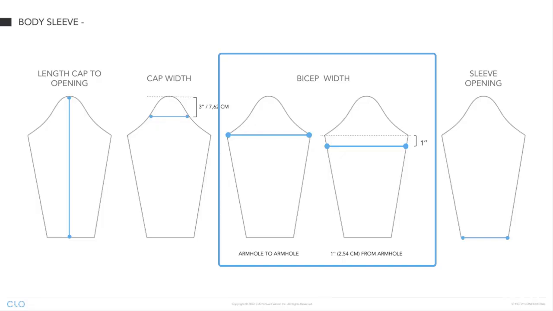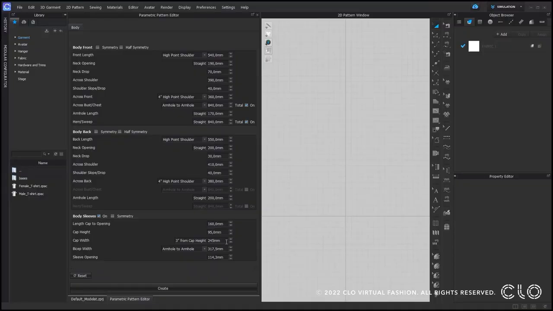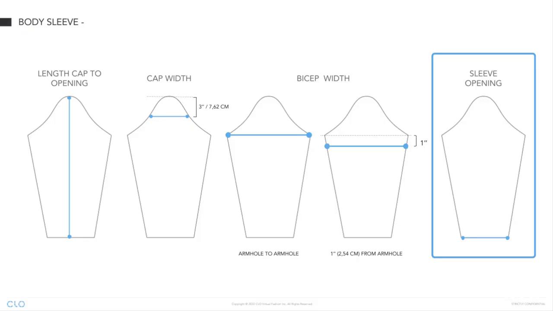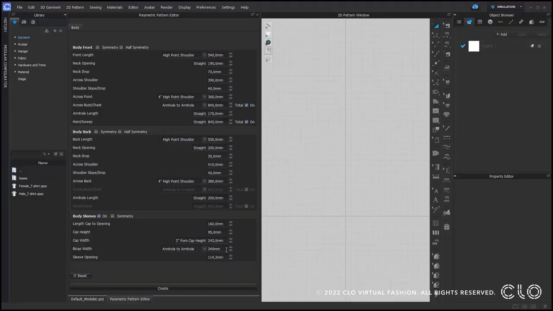For the bicep width, you can measure it from armhole to armhole, or 1 inch down from the armhole. In this example, I'm using 340 mm with the armhole to armhole option. Finally, for the sleeve opening, the value will be 300 mm.